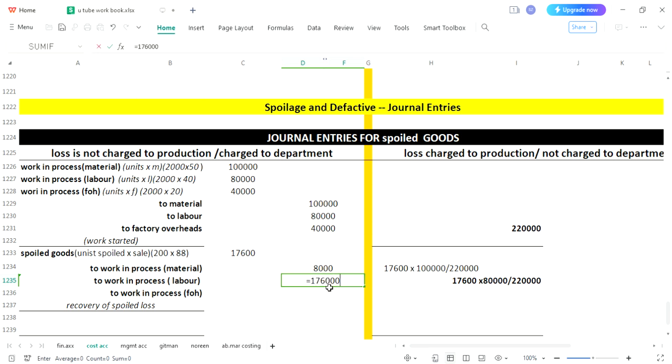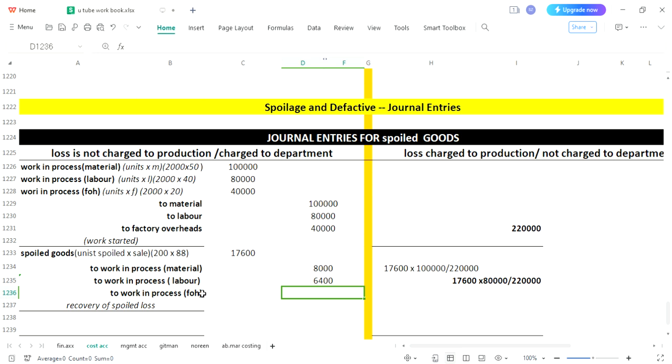17,600, and you will multiply it with individual total, which was 80,000, and then you need to divide the sum of these three, material, labor, FOH, which was 220,000. Second amount has arrived, and now you will calculate third amount, which is associated with FOH.